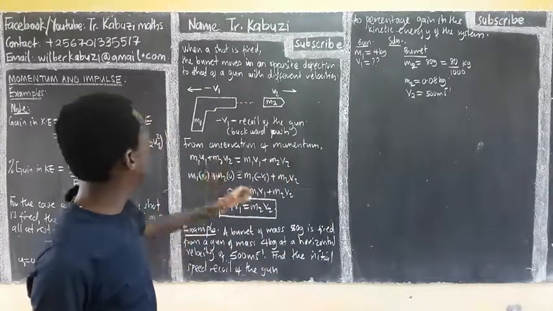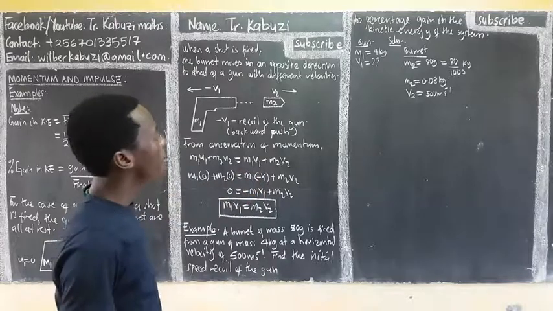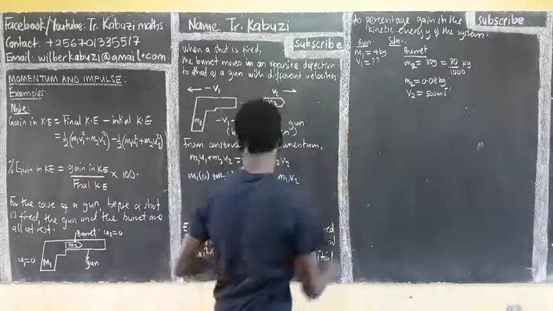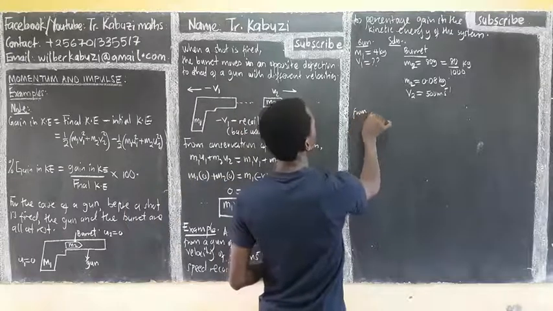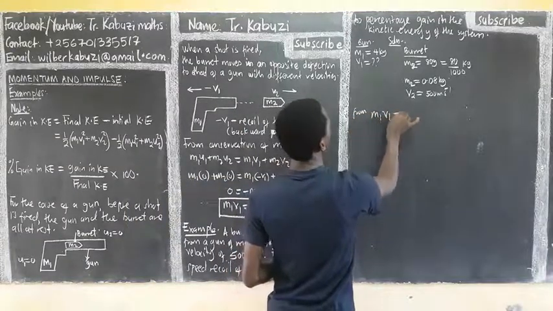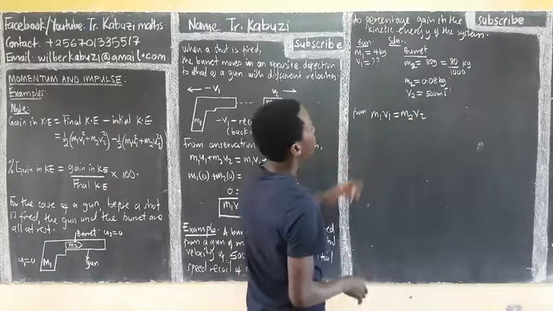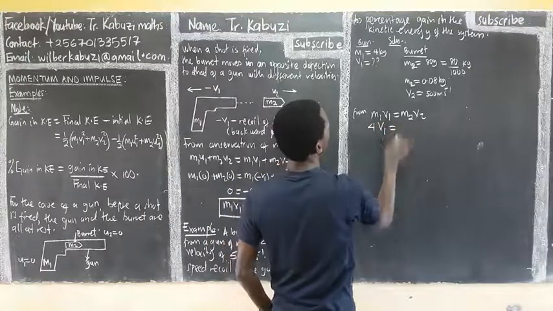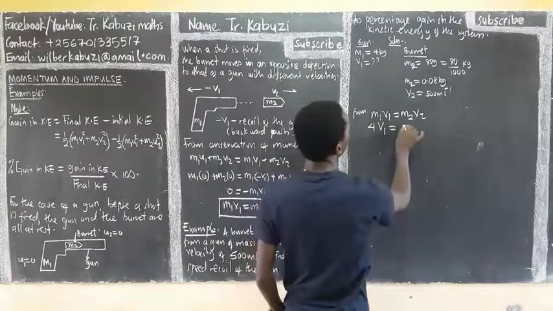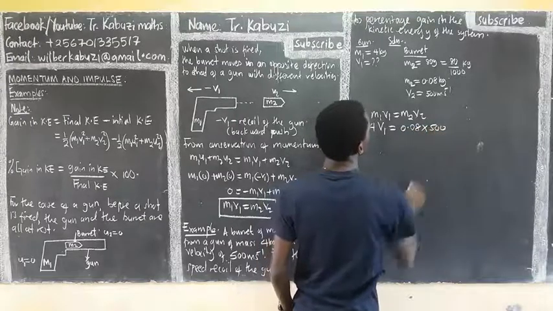Of course, even if you put in this formula, they are going to be the same thing. You are going to get 0 and 0. So that's why I'm going to just put this formula: M1 V1 equals M2 V2. From here, my mass is 4, times V1, equals the mass of the bullet, which is 0.08, times the velocity, which is 500.